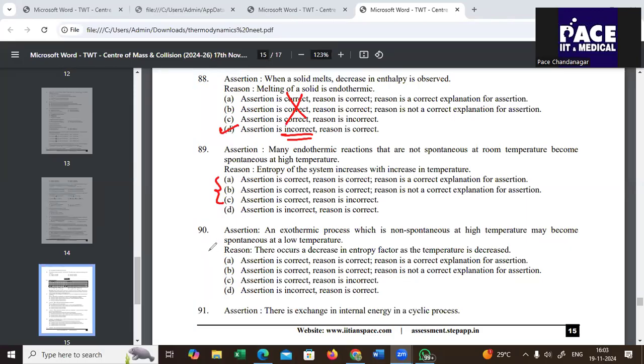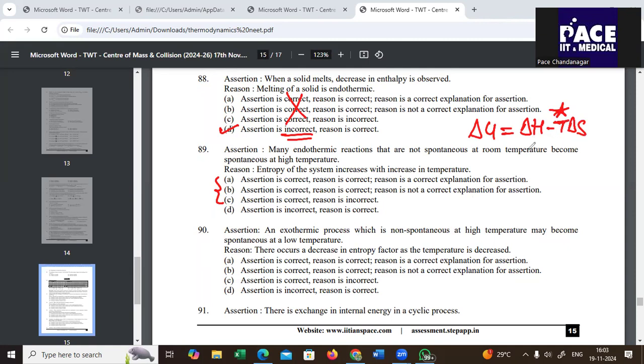So as you see, question number 90. An exothermic process which is non-spontaneous at high temperatures may become spontaneous at low temperatures. Yes, because if it is not spontaneous at high, it will become so at low, as we have seen: delta G is equal to delta H minus T delta S. This temperature is the deciding factor.